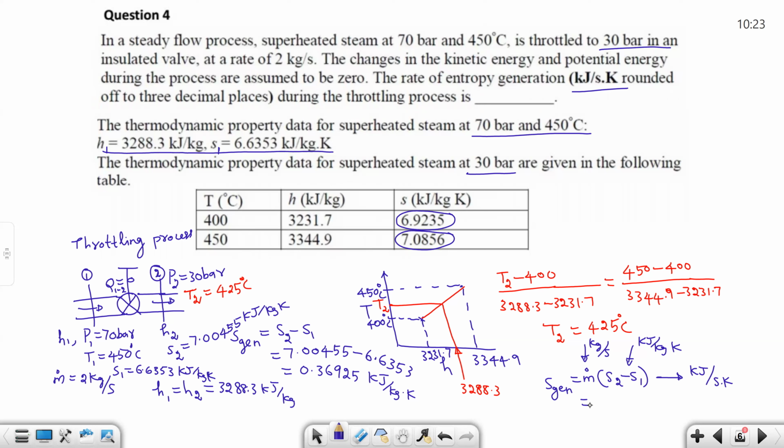So you multiply by m dot, which is 2. That gives 0.7385 kilojoule per second Kelvin. It is asked rounded off to 3 decimal places, so your answer is 0.739.